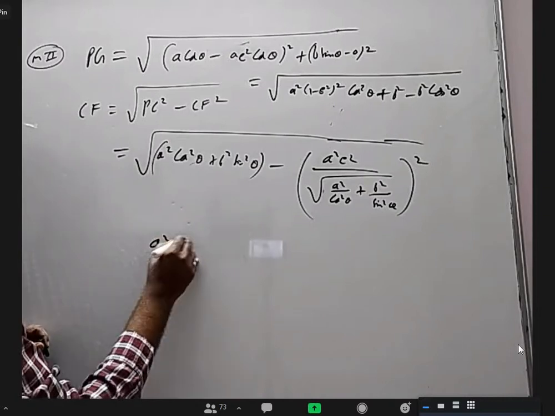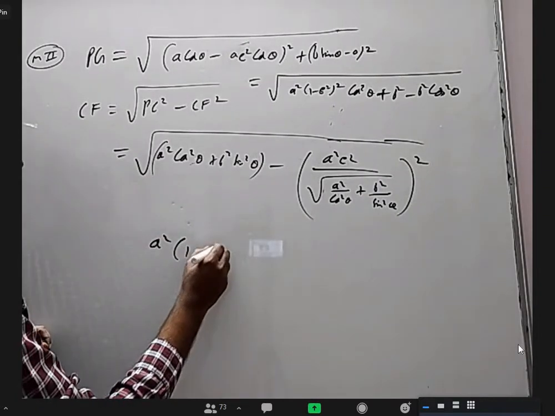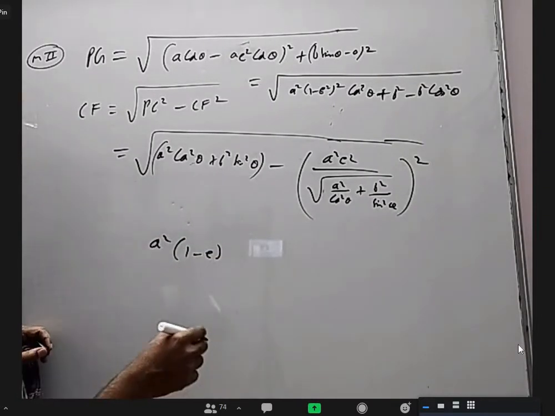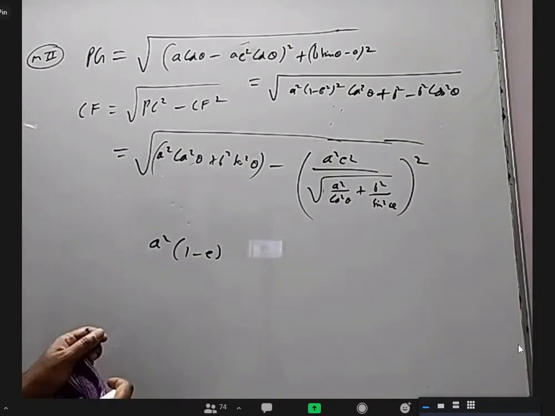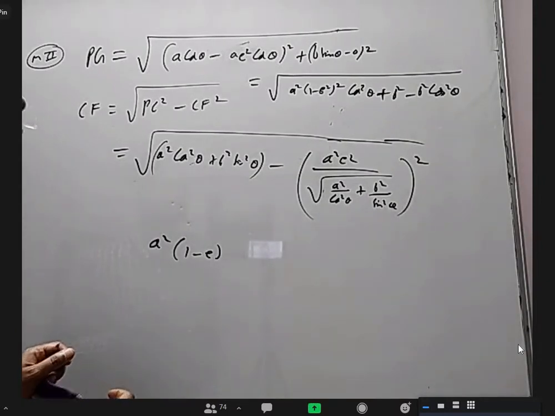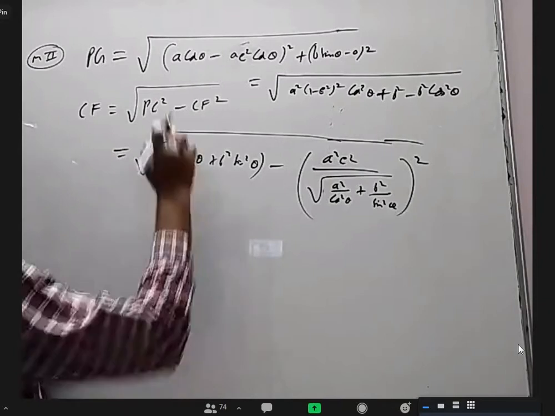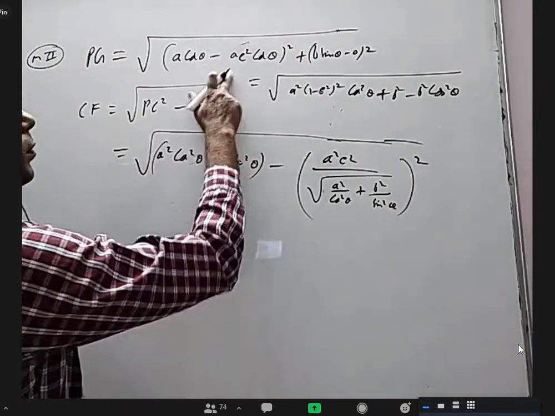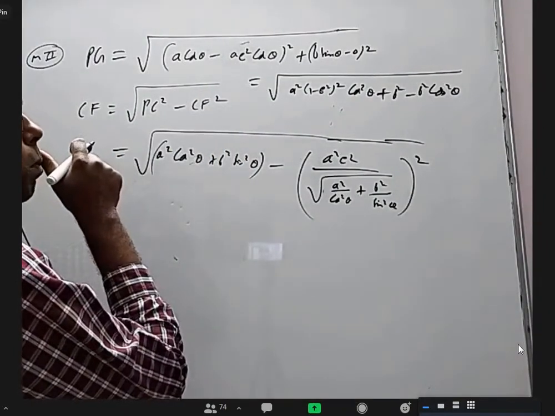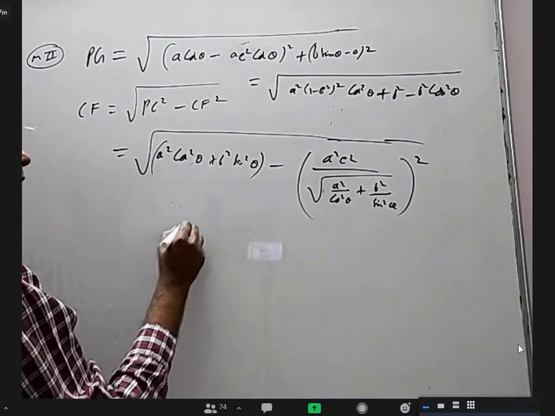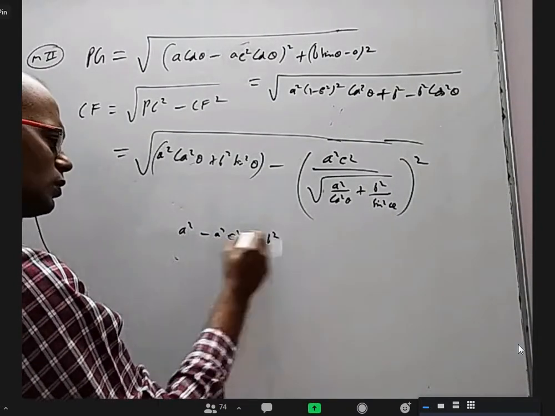It's okay. I want to simplify A square into A square minus A square E square. So that is directly B square, right? No. A square minus A square E square equal to B square.